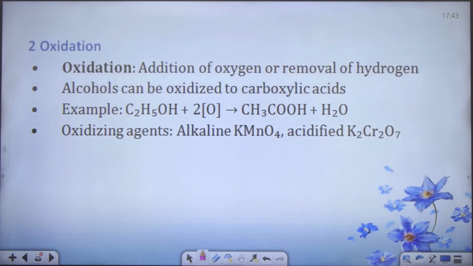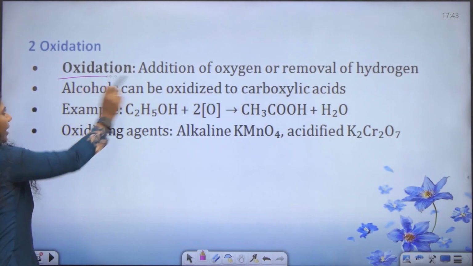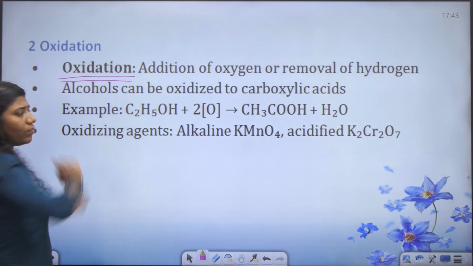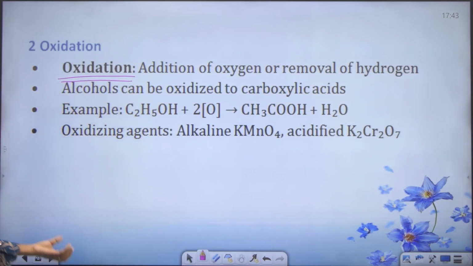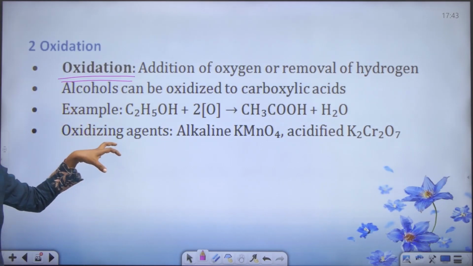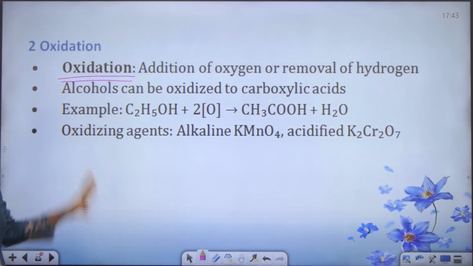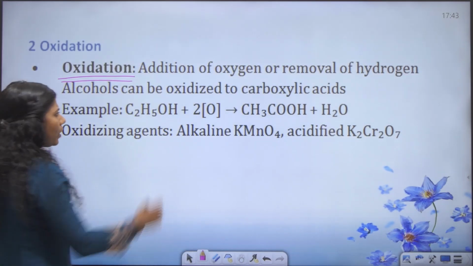Next one, oxidation. What is oxidation? Oxidation means addition of oxygen or removal of hydrogen. The process is known as oxidation. Alcohols can oxidize to carboxylic acid.